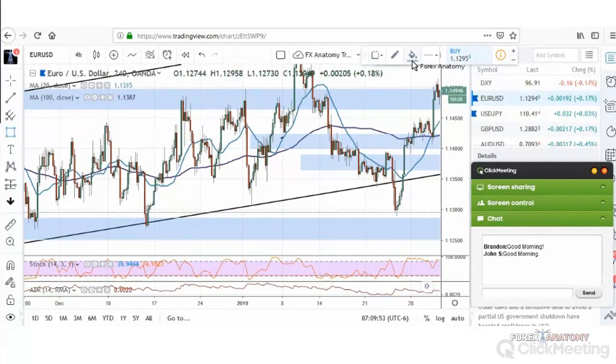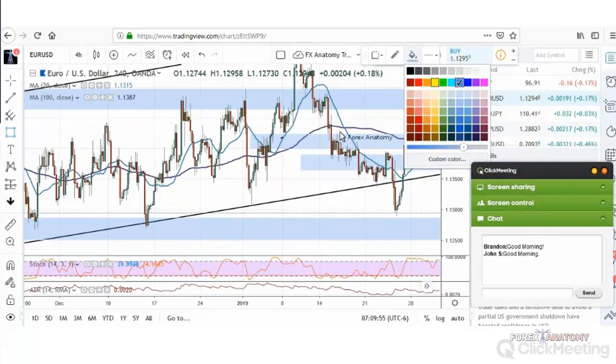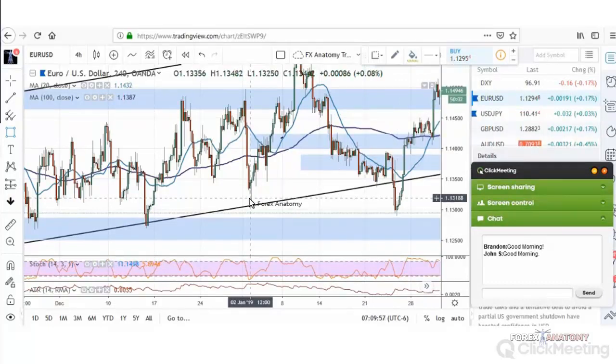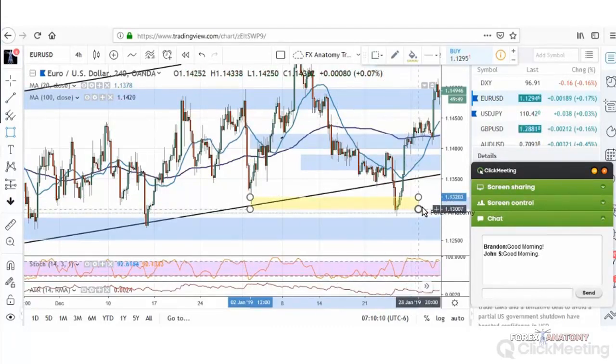I'm going to change the color a bit. I'm going to make this yellow to sort of separate this and give a hint that, hey, we're going to look for a selling opportunity if price hits this particular zone and area. So then what I'm going to do is draw in this zone from 1320 all the way down to 1305. Okay, around there.